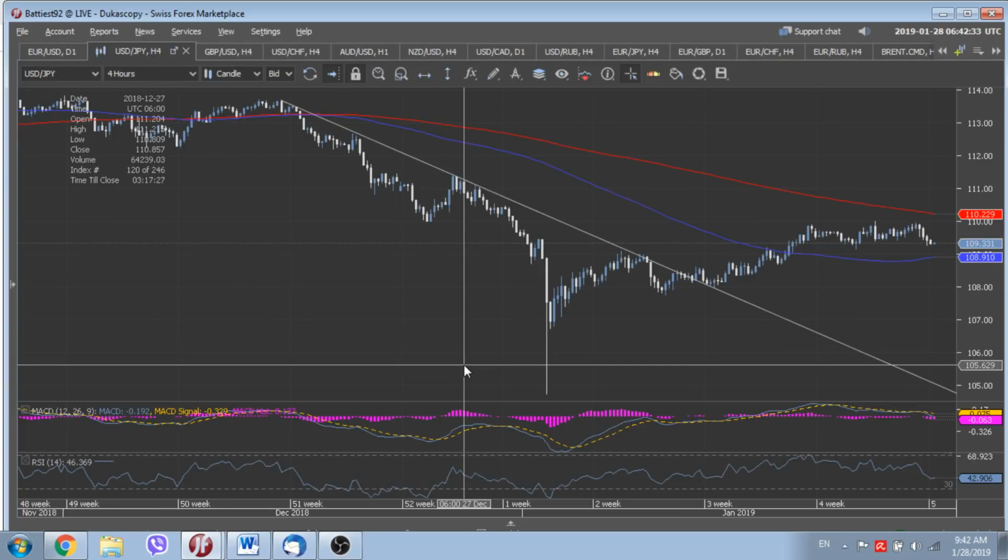As regarding the dollar yen, it is trading around 109.33 at the moment.